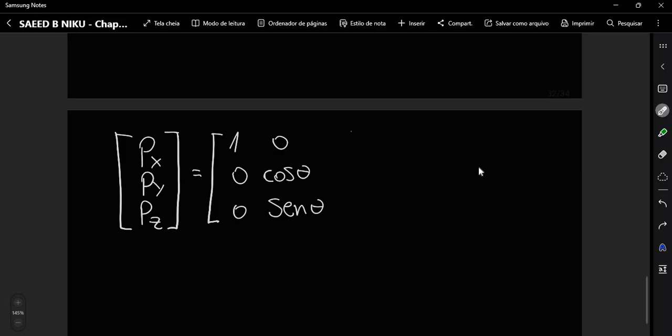So that is the matrix of rotation that we are applying on our point P.